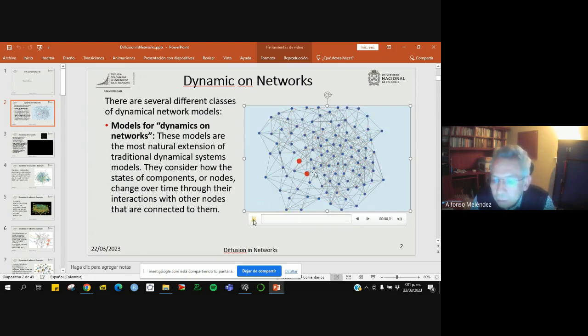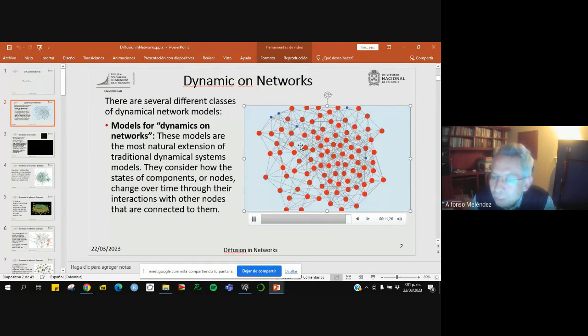I guess blue is not infected and red is infected, or blue is I do not have the information, the rumor, and red I have the information. This is one type of dynamic network. I don't know if it's clear what is a model of dynamics on networks, or if there is any question.